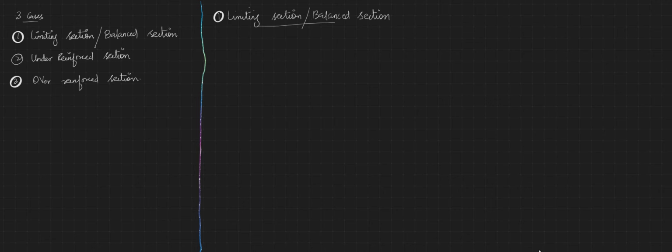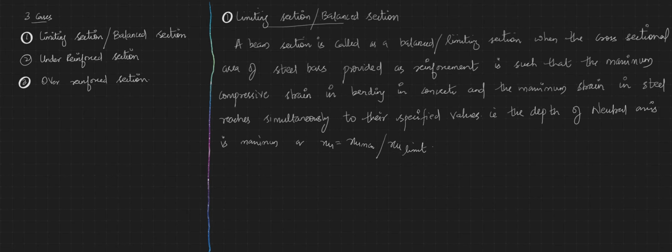A beam section is called a balanced section when the cross-sectional area of the steel bars provided as reinforcement is such that the maximum compressive strain in bending in concrete and the maximum strain in steel reach simultaneously their specified values. The depth of the neutral axis at this time is maximum, and it is called xu max or xu limit.